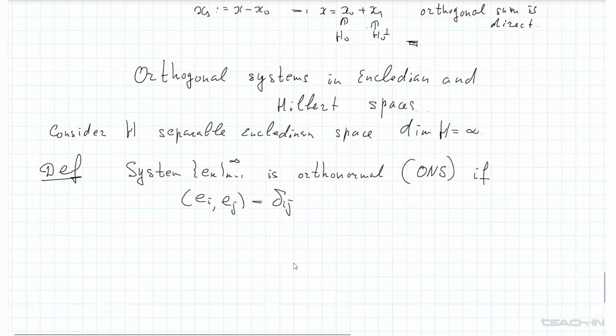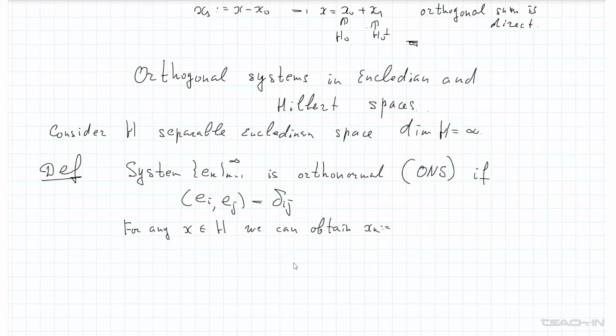Then for any x from H, we can obtain numbers x_k, which is the scalar product between x and e_k. Fourier coefficients.